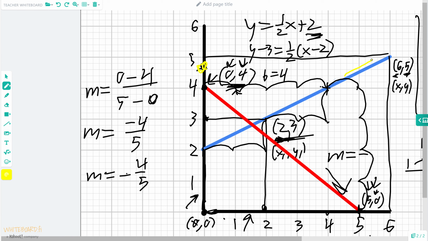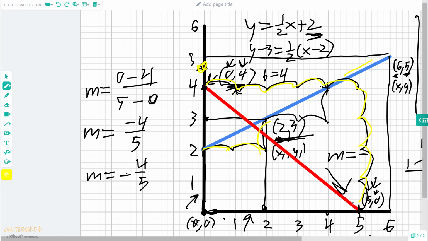If the graph is going up, the slope is positive. If the graph is going down, it's negative. And you can always calculate the slope just by counting how far the graph goes over and then up, or over and then down if it's negative.